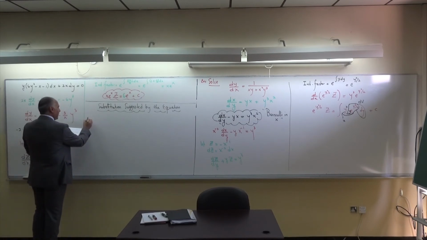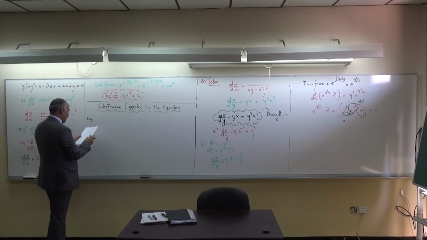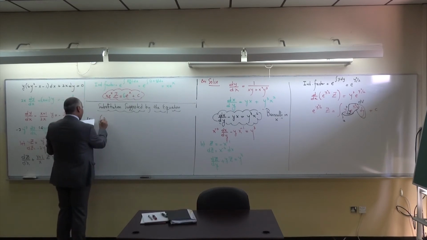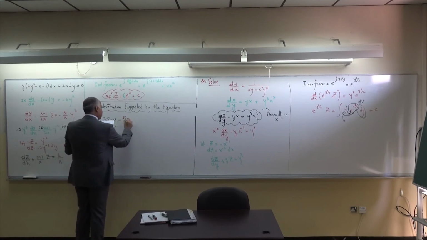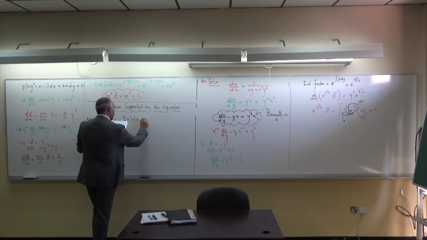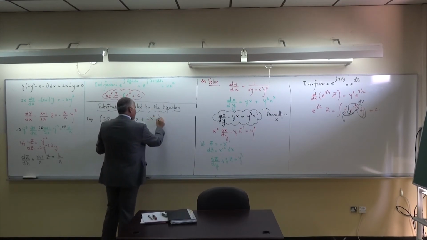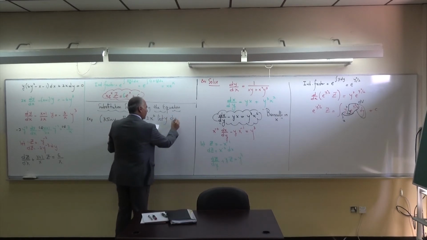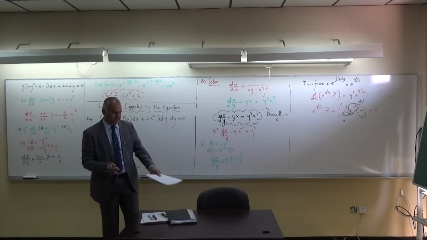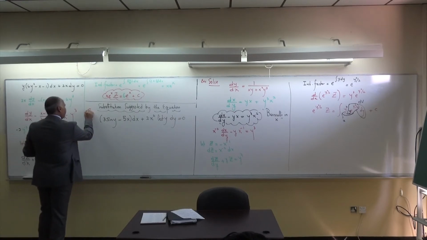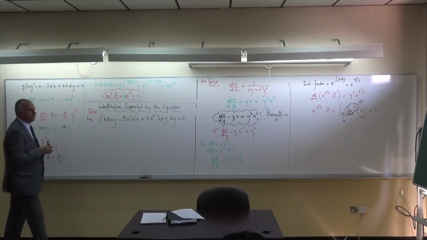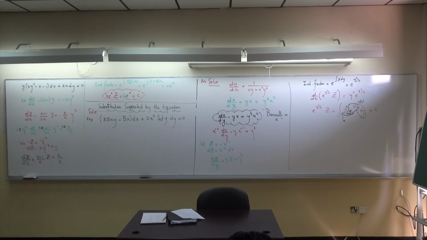So let's start with this nice simple example, supposedly the easiest one of them. 3 sin y minus 5x dx plus 2x squared cotan y dy equals 0. If you take a look at this problem, it says solve, which means it can be solved, unless of course there is a mistake in the exercise.